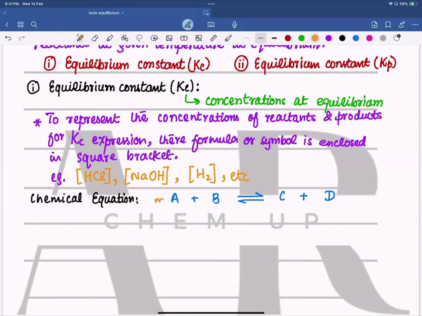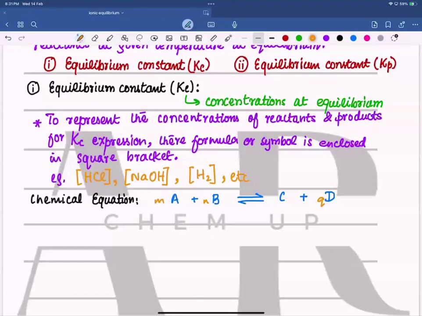Now, normally we balance the equation as well. So these M, N, small p, small q, all are the number of moles which are used to balance a chemical equation. Is this clear to all of you? Now, over here, this A and B are reactants.